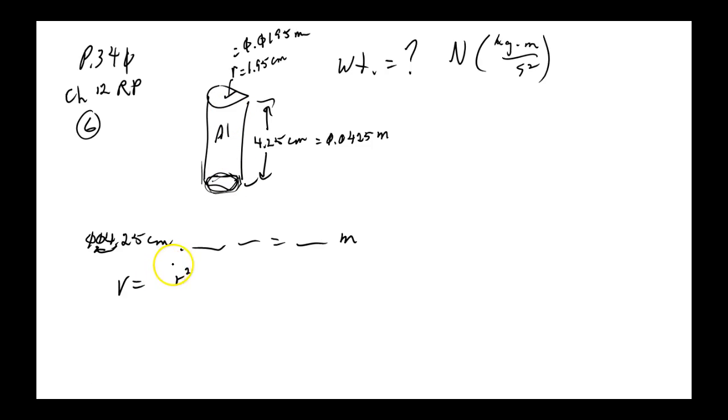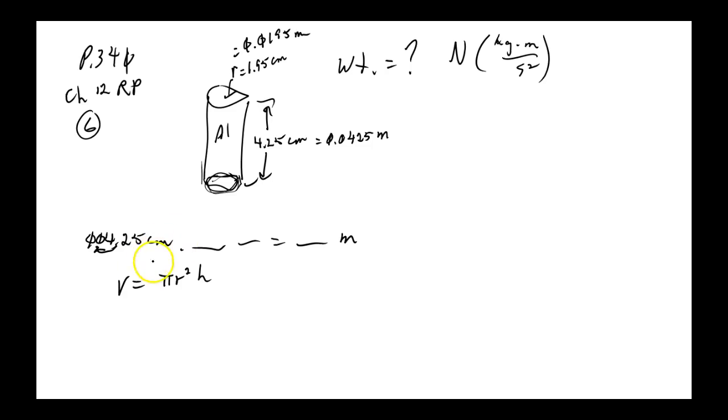Pi r squared, okay. Pi r squared h, that's the volume of a circular cylinder. I think that's what they specified, didn't they? They said a cylindrical piece of aluminum, so I'm assuming they mean a circular cylinder.